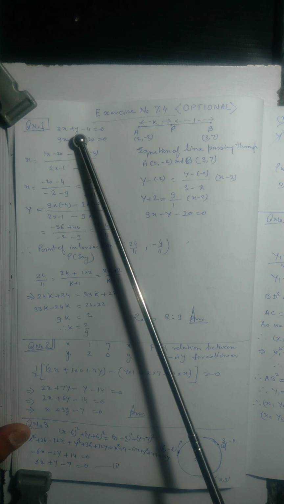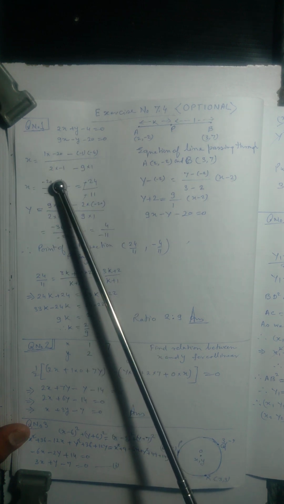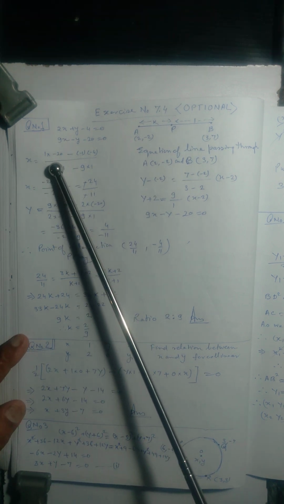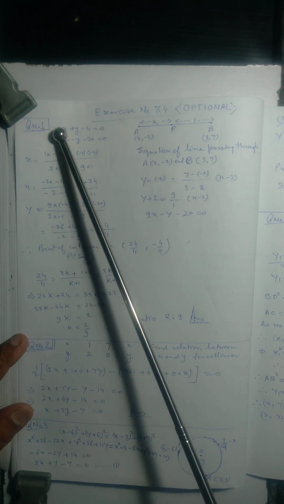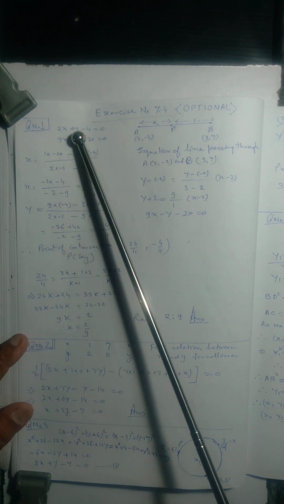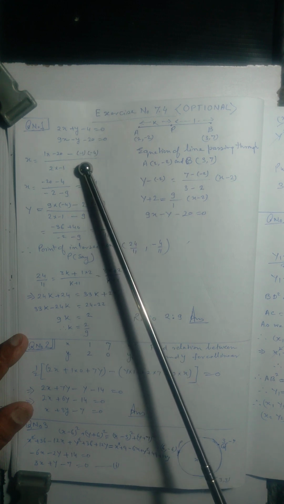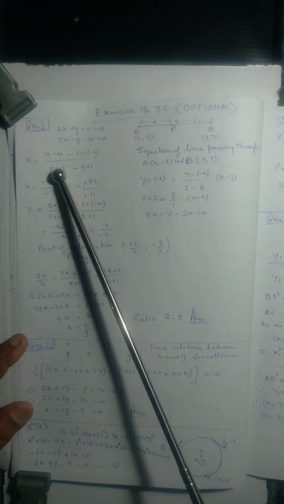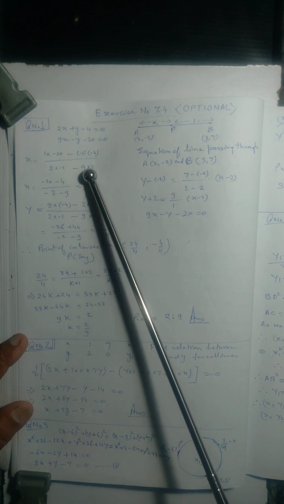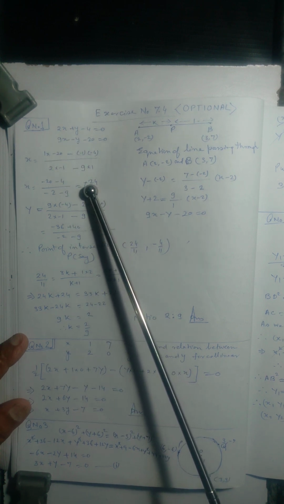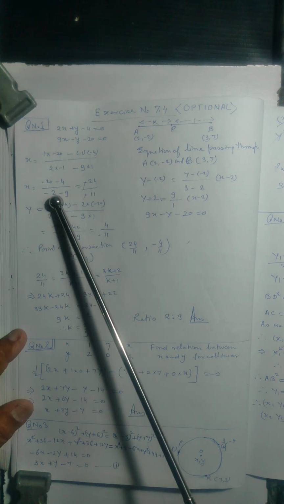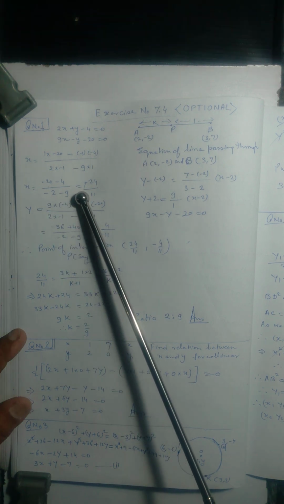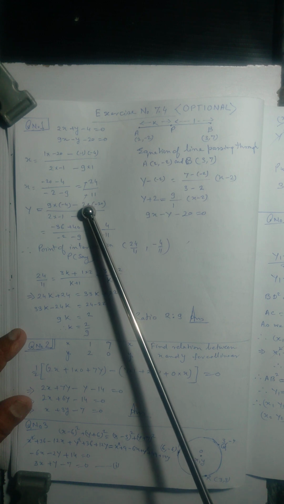By the cross multiplication method, x is equal to (minus 20 minus 4) upon (minus 2 minus 9), that is minus 24 divided by minus 11.